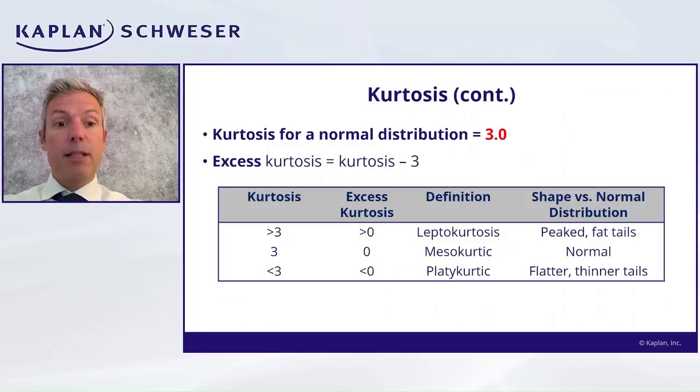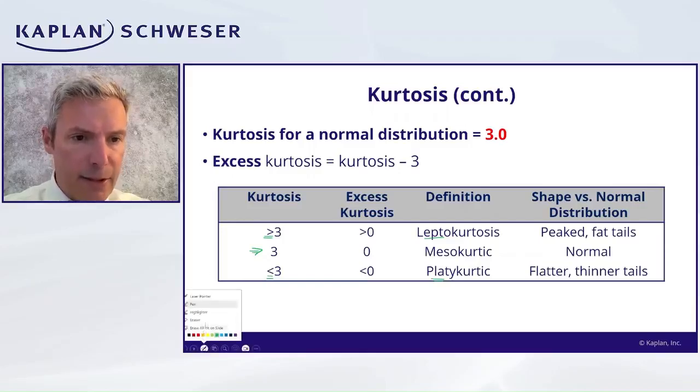There's a little table to sum up what we've just said. By the way, we know that the kurtosis of a normal distribution is 3, and that's formally referred to as mesokurtic. That's the middle here. And we know that greater than 3 is lepto and less than 3 is platy. But just be aware there's this idea of excess kurtosis as well. Just be careful with that.